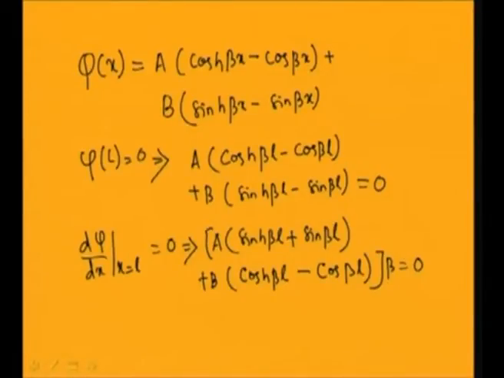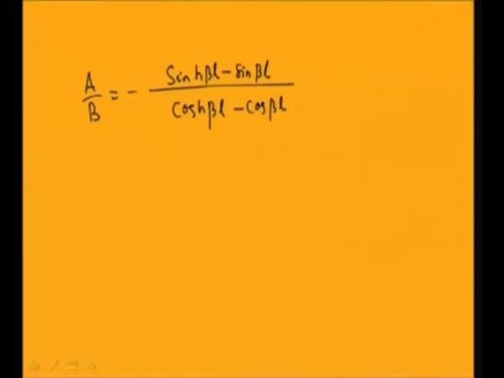Similarly for the other expression, a by b becomes minus cos hyperbolic beta l minus cos beta l by sine hyperbolic beta l plus sine beta l.